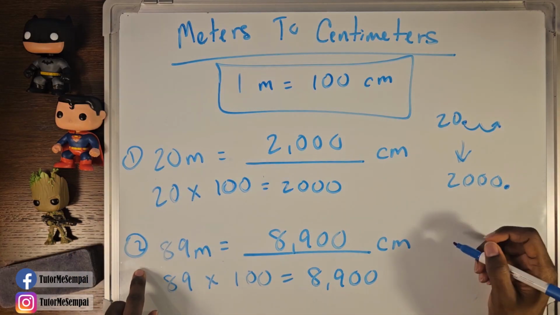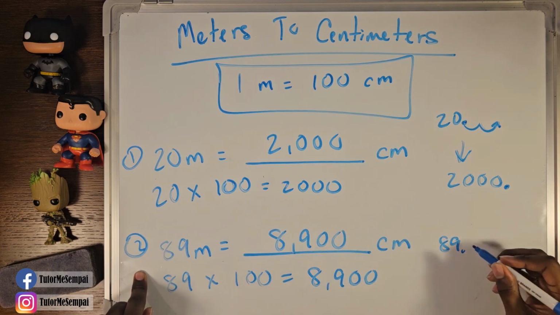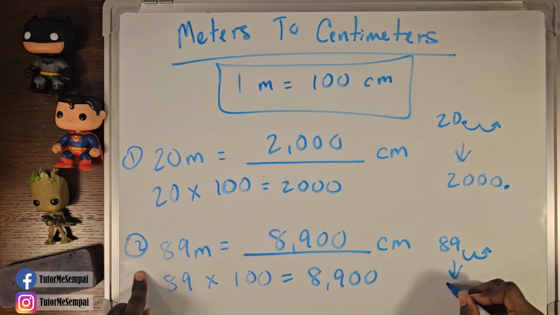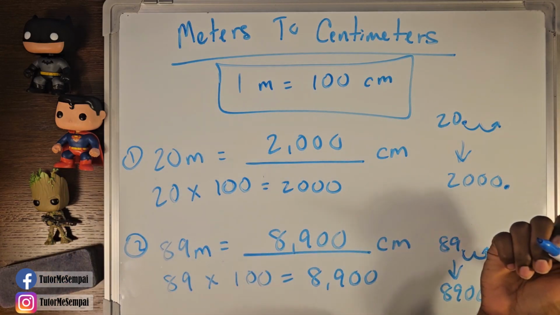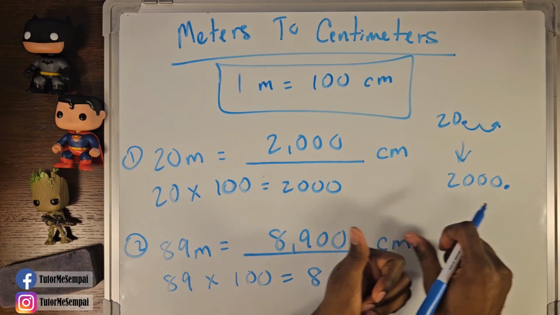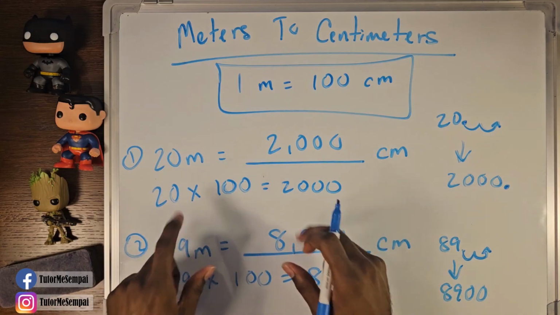Same thing for this one. Let's say we start with 89. Put your decimal there. If you don't have it, move it 2 spaces to the right. You're going to end up with 8,900. So when you're going from meters to centimeters, move it to the right 2 spaces. If you're going from centimeters to meters, move it to the left 2 spaces. That's your shortcut if you're not trying to do the actual math.